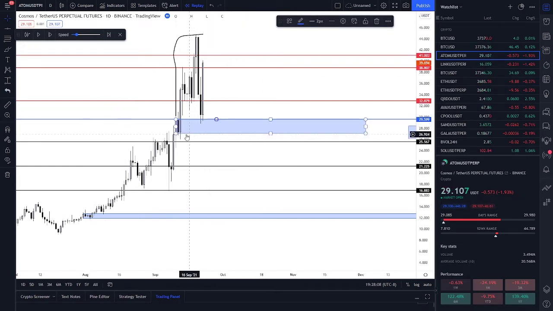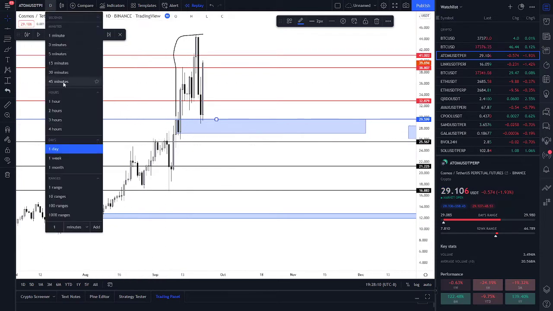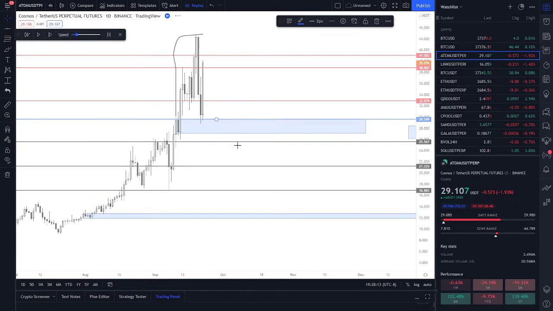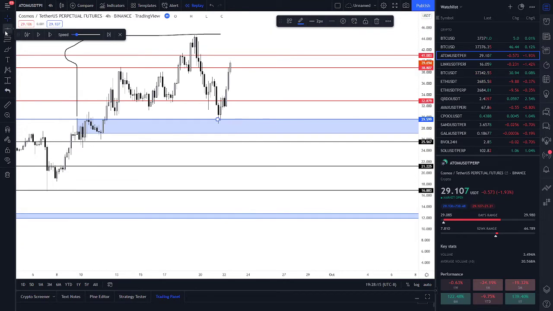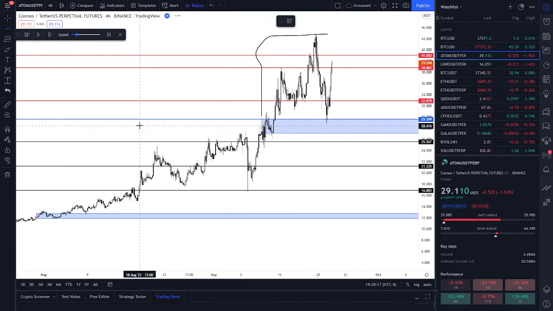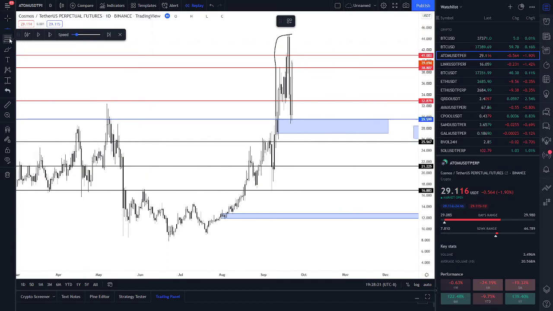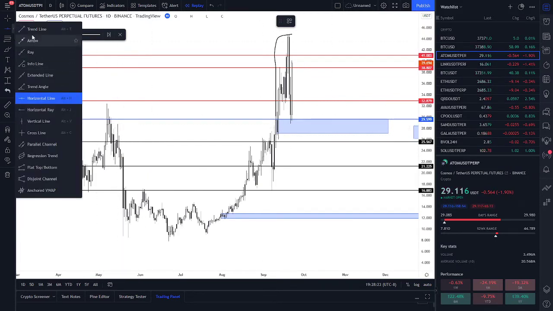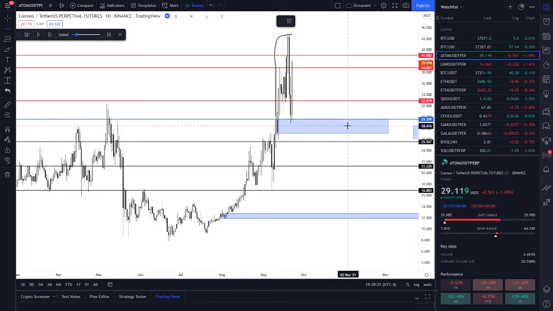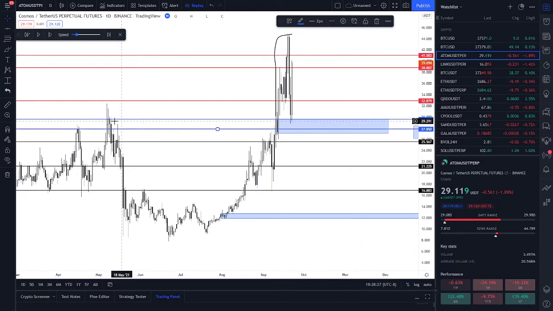To get more DCA entries, I'm going to go on a lower time frame to see more candle structure and data, right? There's data structure here. So let's use this resistance. We broke above, so let's use that as a DCA point.